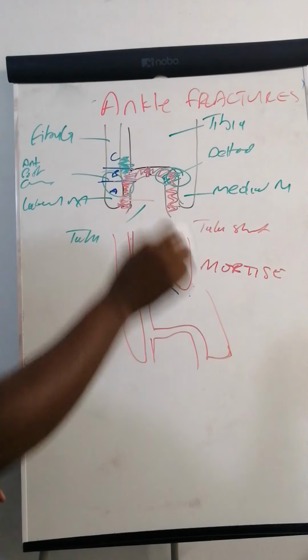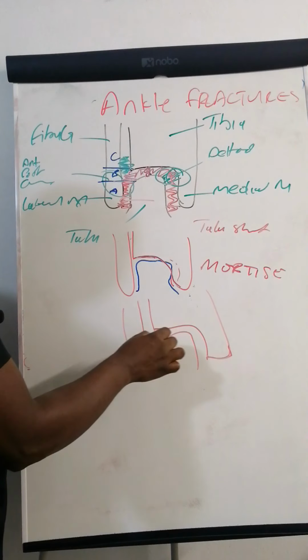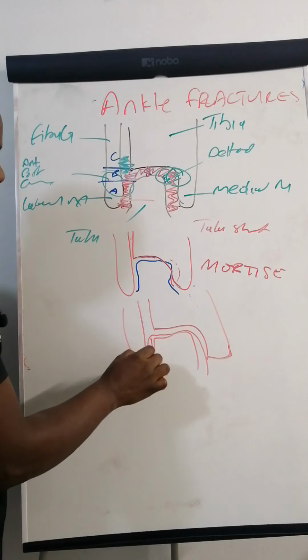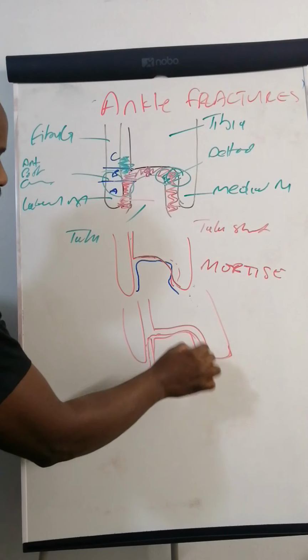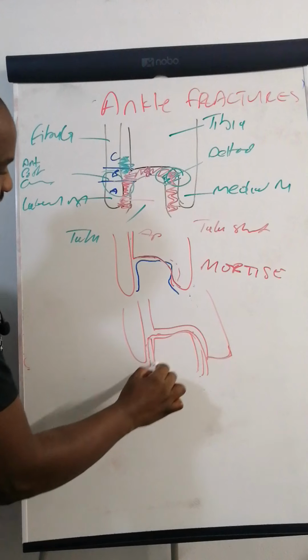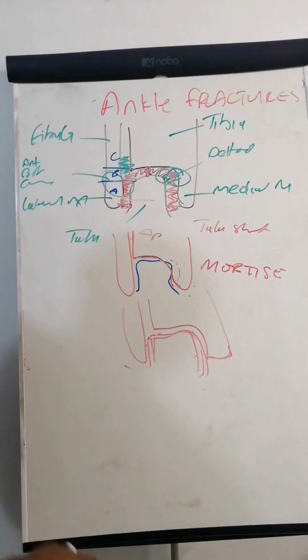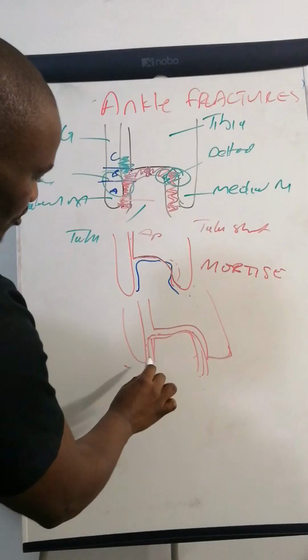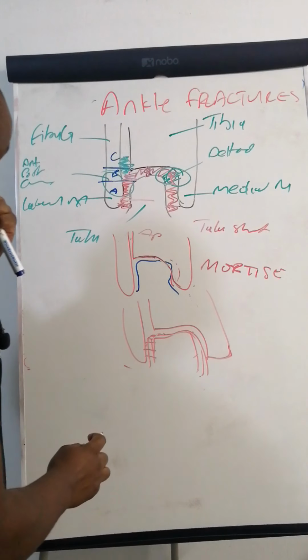You'll be able to trace the entire distance within that space. You will be able to see this, unlike here, where you couldn't see it. This is an AP. But a mortise view is like an oblique X-ray of the ankle. So now with that view, you are able to see.